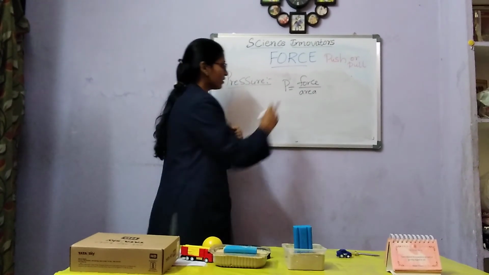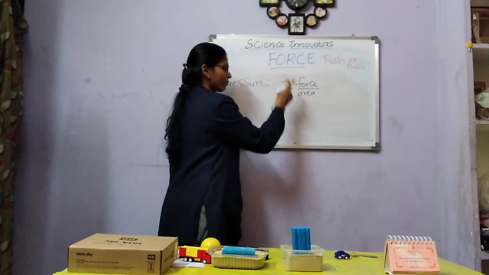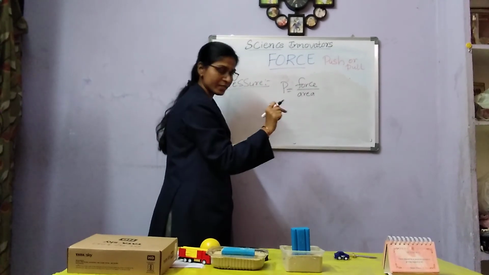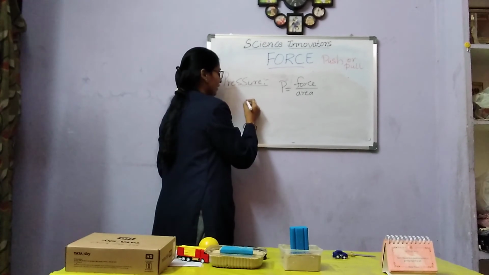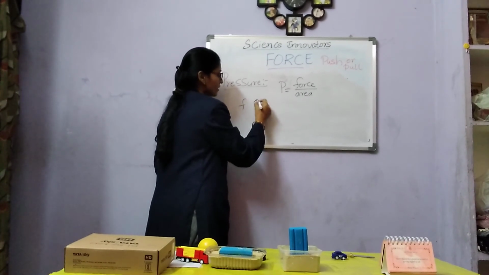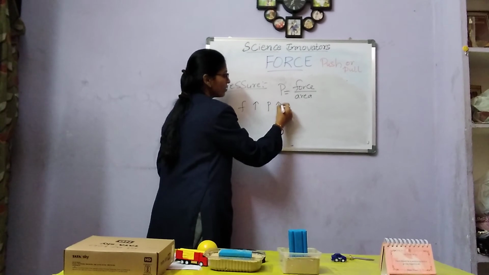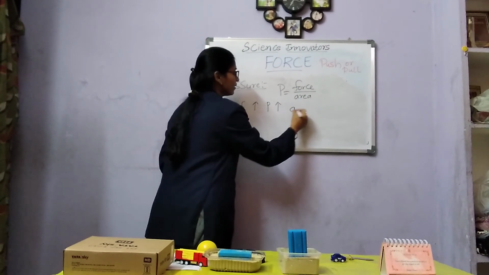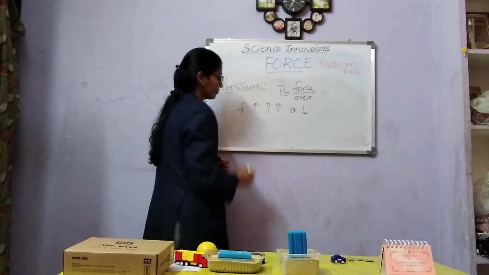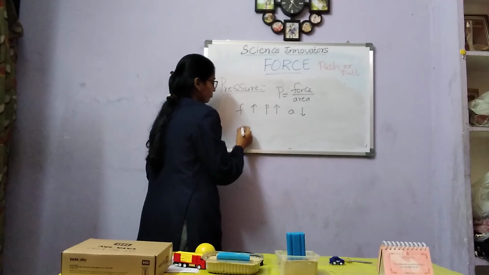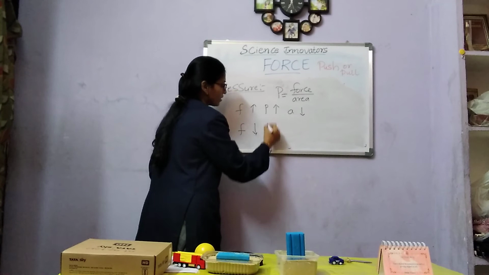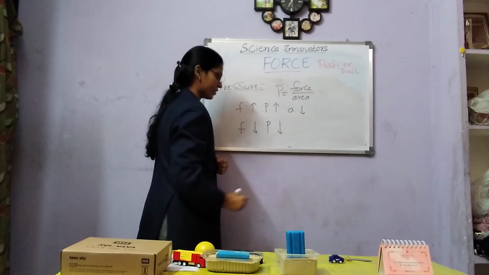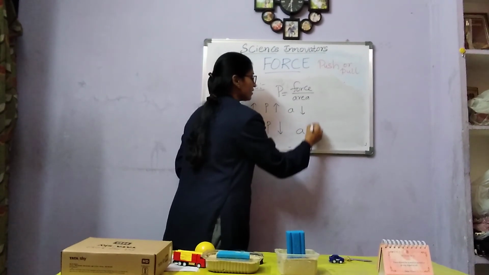Yes, right, children? When the area is less, the pressure will be more. Simply we can correlate: force increases, pressure also increases, and the area decreases. When the force is less, the pressure is also less, and the area is more.